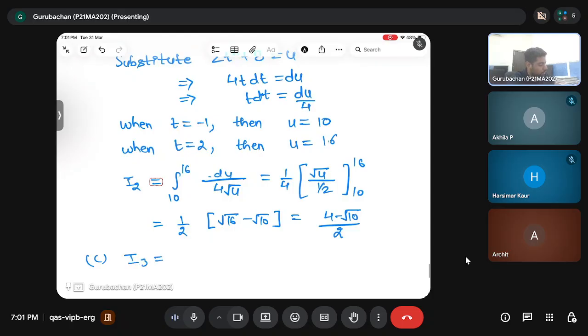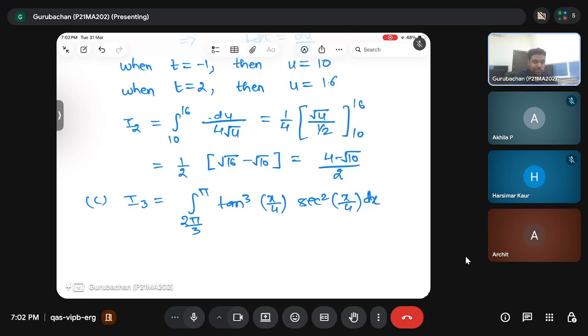Now let us move to the C part. I3 is equal to the integral from 2 pi by 3 to pi. I am giving you this much practice so that you get comfortable that you have to change, or update, the limits also. What is the answer of this question? Have you solved it?